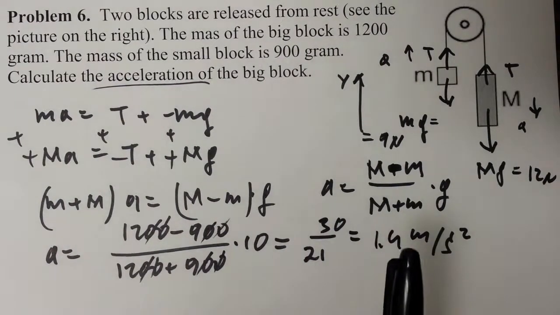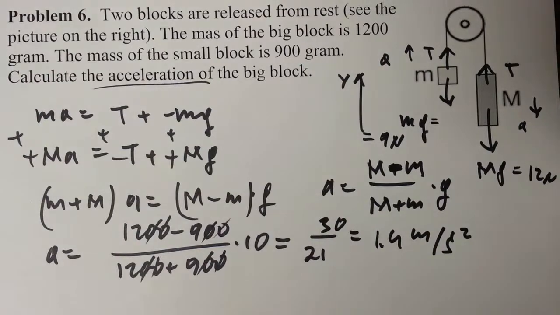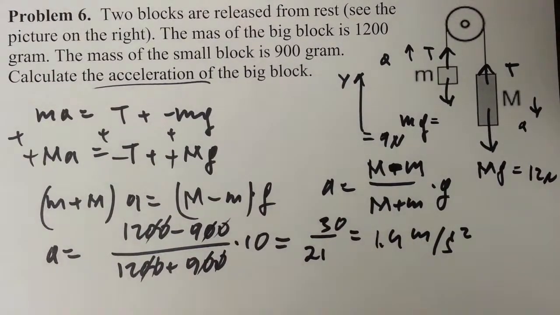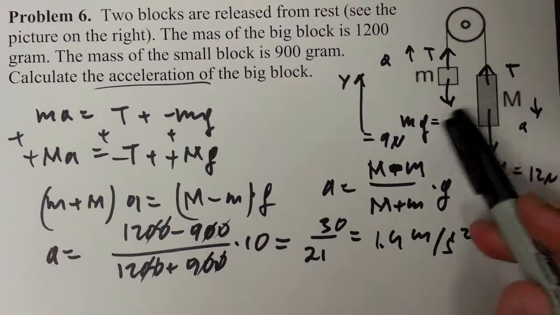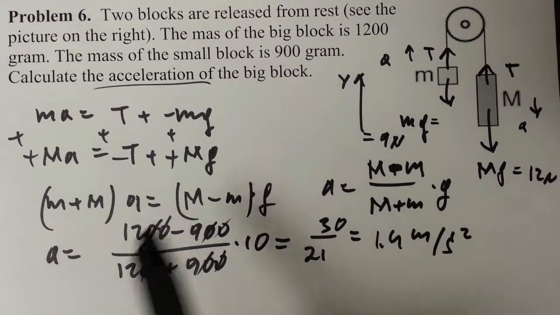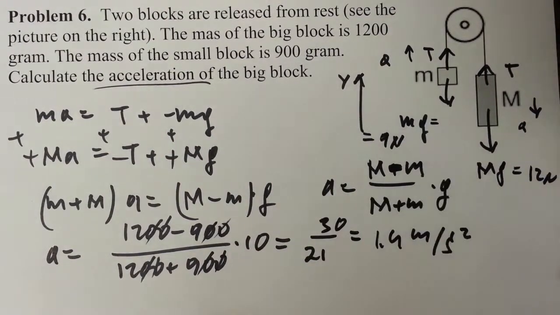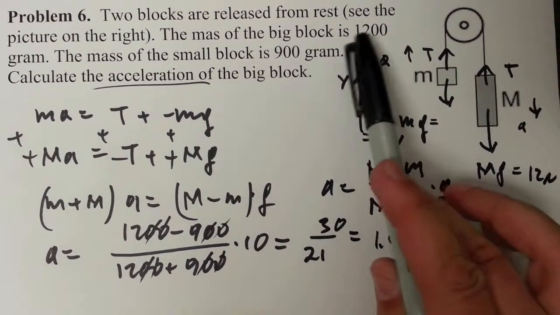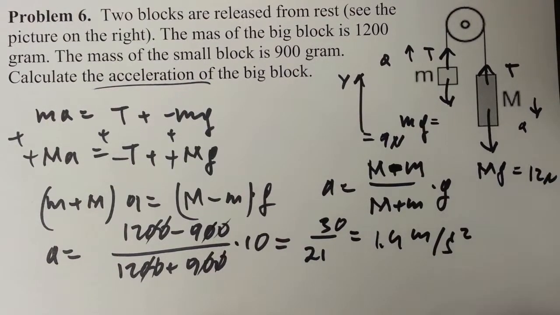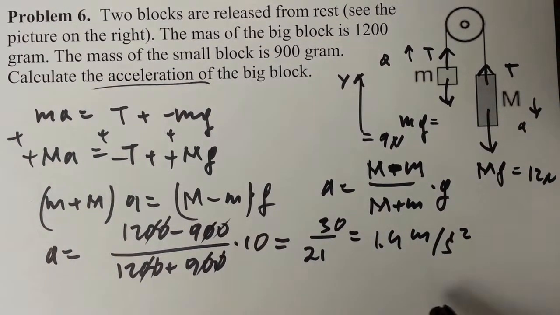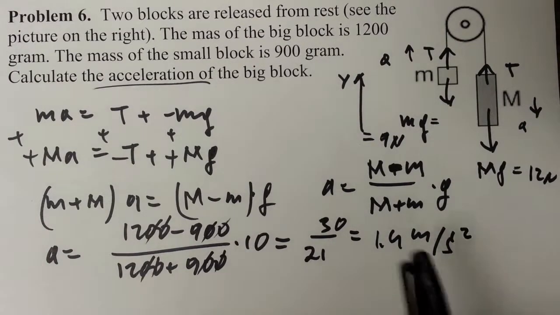What we have here is the lab setup. So gravity and tension, gravity and tension. We can calculate this gravity, well, if you use international system of units, 0.9 kilograms times 10, 9 newtons. 1.2 kilograms times 10, 12 newtons. So some people try to calculate the net force. Well, could work.